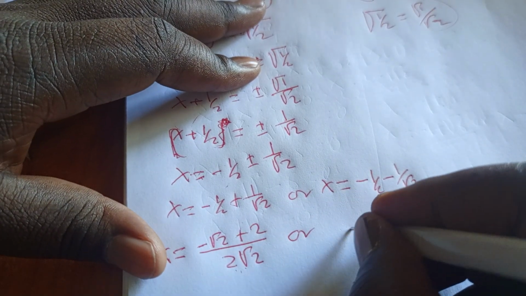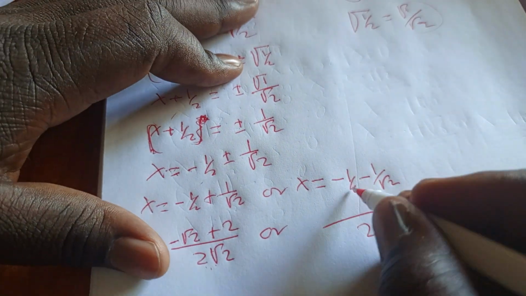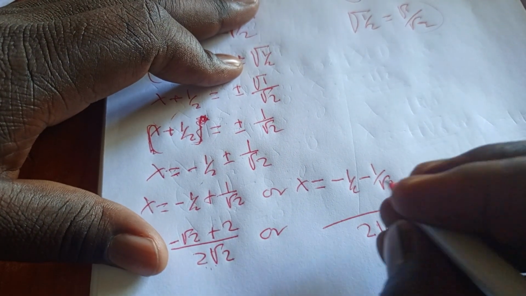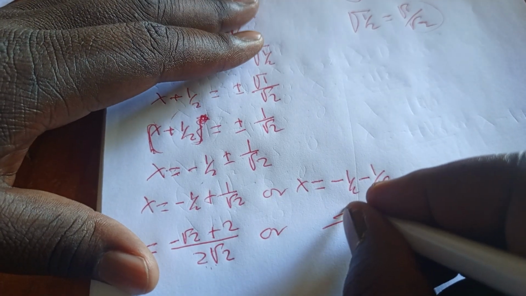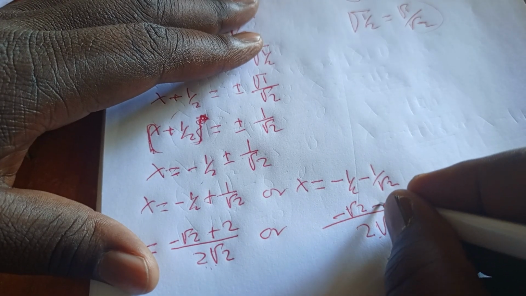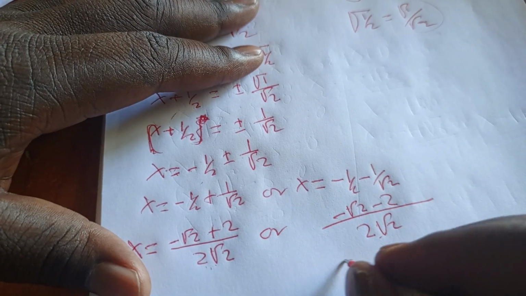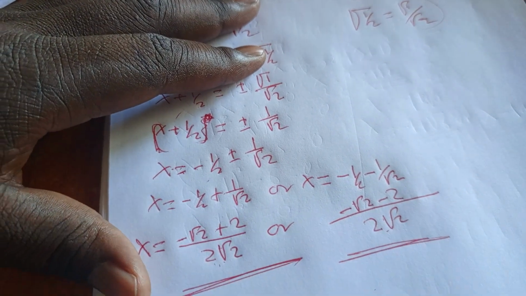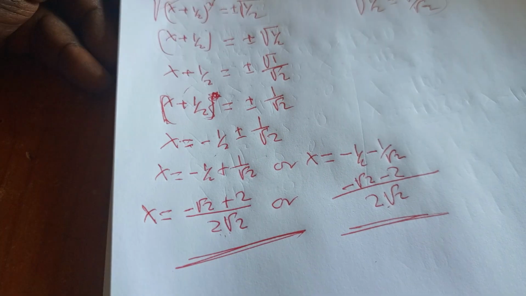Or again here, 2 root of 2 as a common denominator. So 2 into this, it will be this one, so to be negative root of 2 minus this into this, it will be 2, like this. So this will be my final answers for this question. Hope it's very much clear.